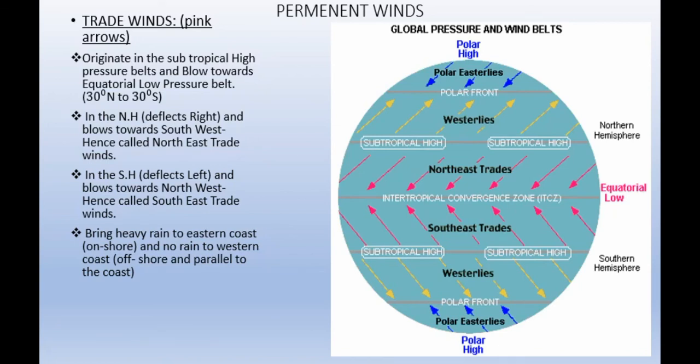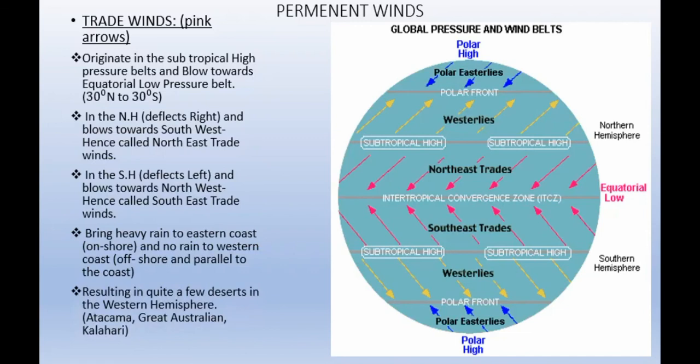Trade winds, I think you got an idea. Trade winds are the surface winds which move from the horse latitudes to the doldrums. In the northern hemisphere there are northeast trade winds and in the southern hemisphere southeast trade winds.